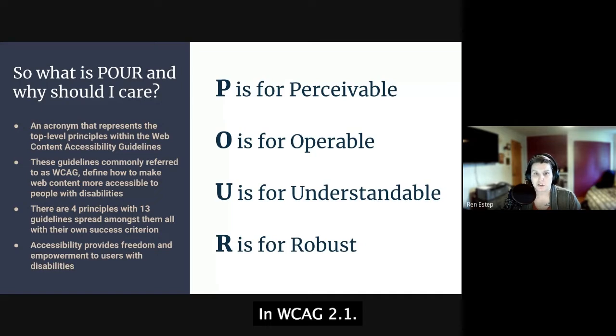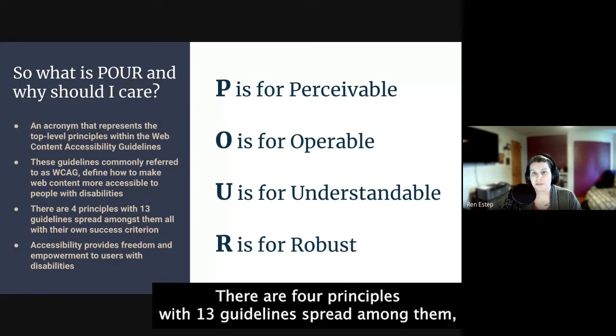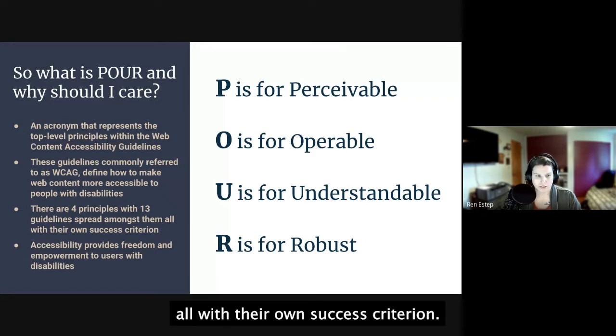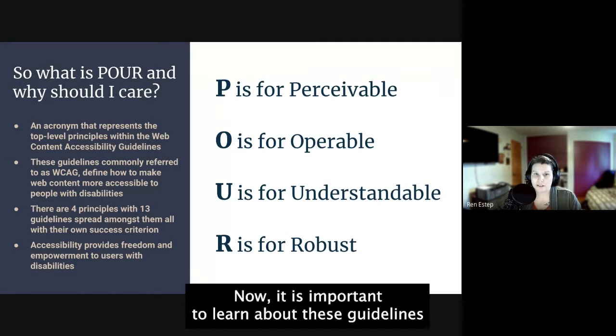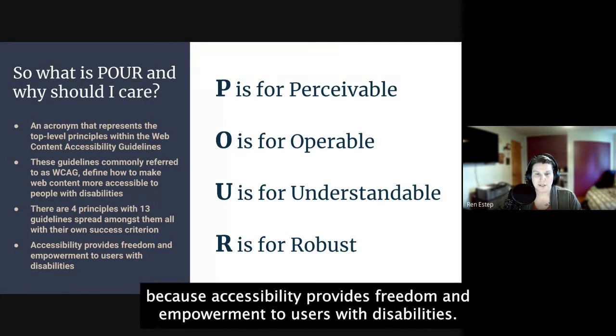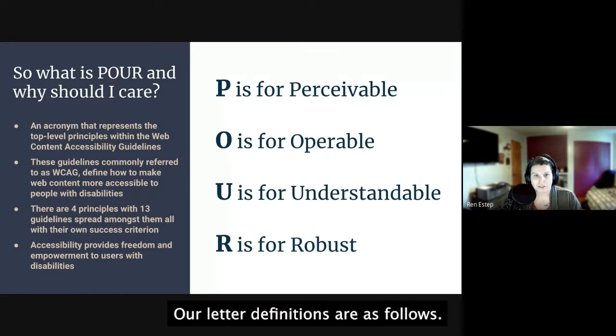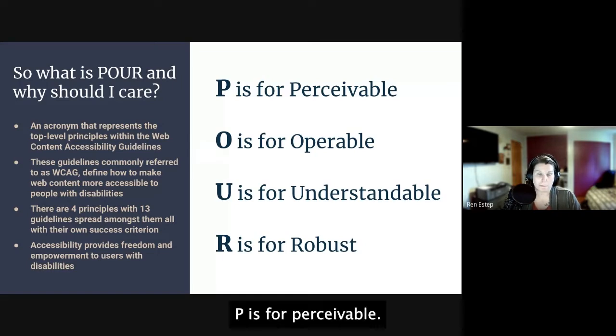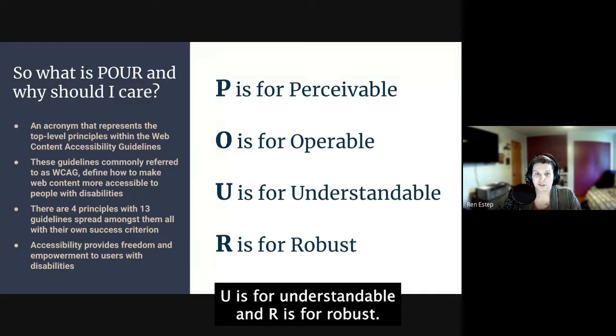In WCAG 2.1, there are 4 principles with 13 guidelines spread amongst them, all with their own success criterion. Now, it is important to learn about these guidelines because accessibility provides freedom and empowerment to users with disabilities. Our letter definitions are as follows. P is for perceivable, O is for operable, U is for understandable, and R is for robust.